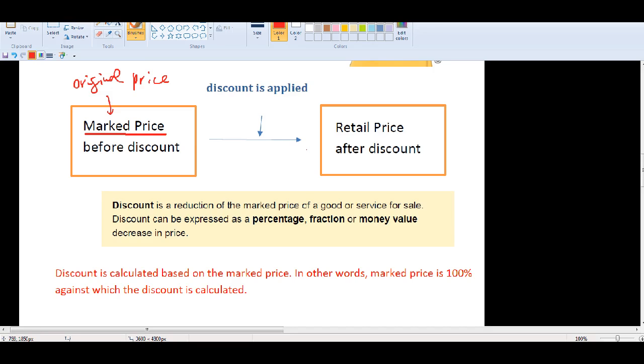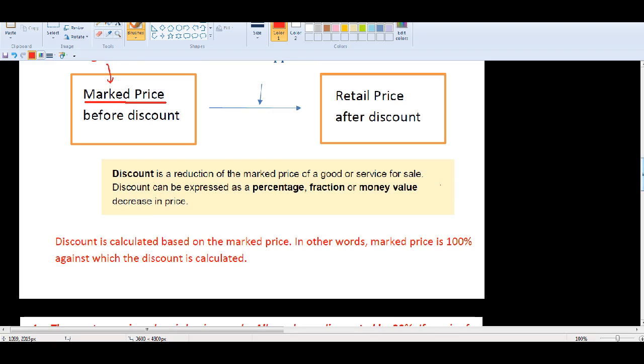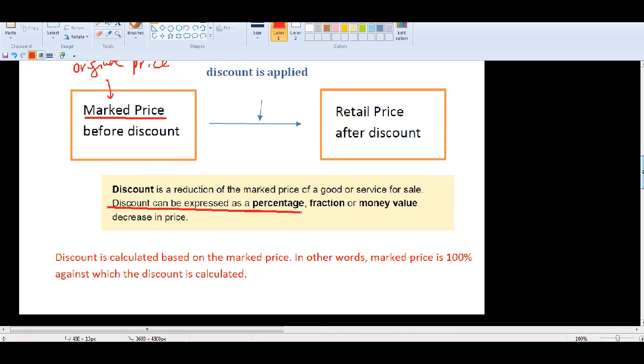All right. So remember, the discount is a reduction of the mark price of goods or services. Discount can be expressed as a percentage, fraction, or money value. Normally for this chapter we use percentage to represent our discount, just like we use percentage to represent markup, as we learned in our last video.